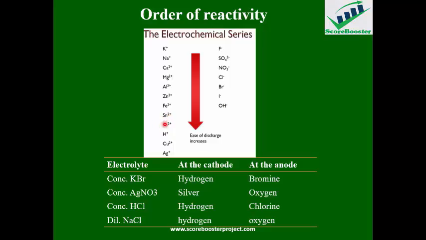So now, let us get to the point and look at this table to see if we actually understand the point. If we have concentrated potassium bromide, I expect you to have written down the decomposition reaction and the ions that are inside.